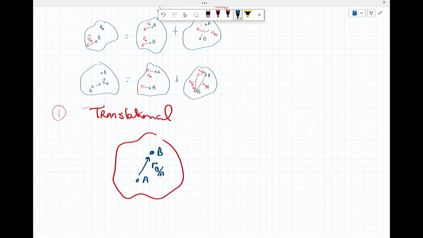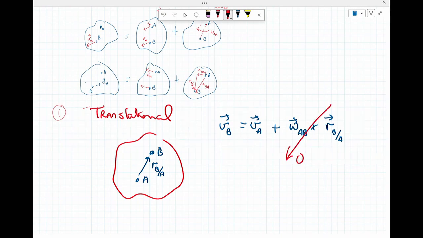But RB with respect to A, with translation, does not change orientation and it doesn't change magnitude. So that means that velocity of B equals velocity of A plus omega AB crossed RB with respect to A, and I'm putting all the vectors in, this goes to 0, because there's no rotation.